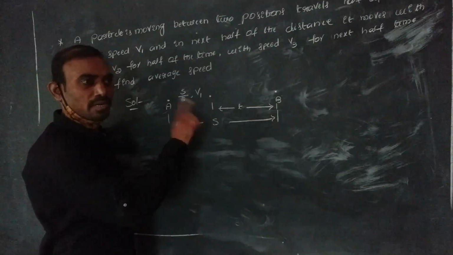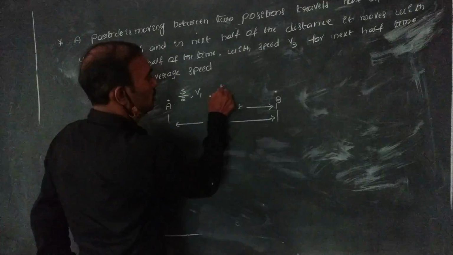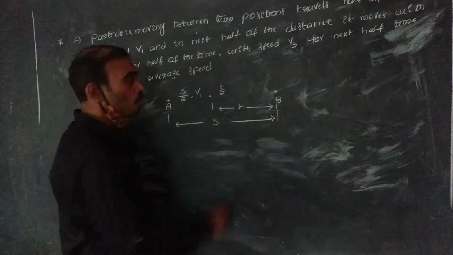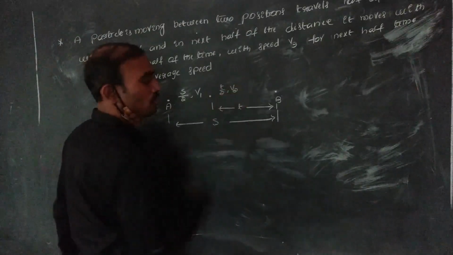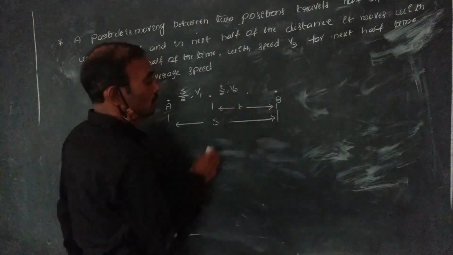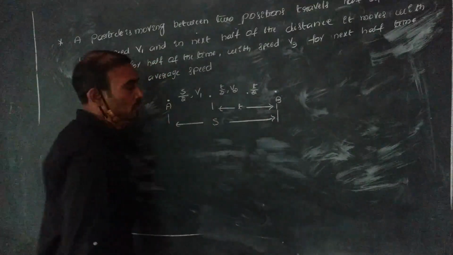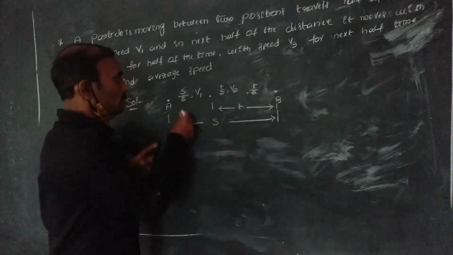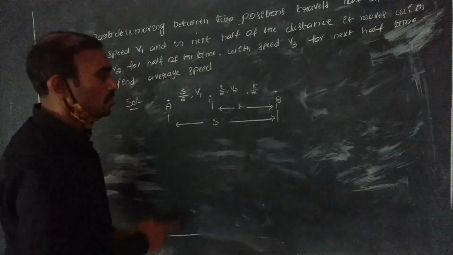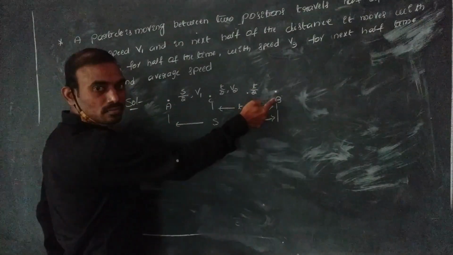In this total time period, half time period means t by 2, moves with speed v2. The next remaining half time period t by 2 moves with speed v3. Take it as C. A to C is half of the distance, so C to B is also half of the distance.